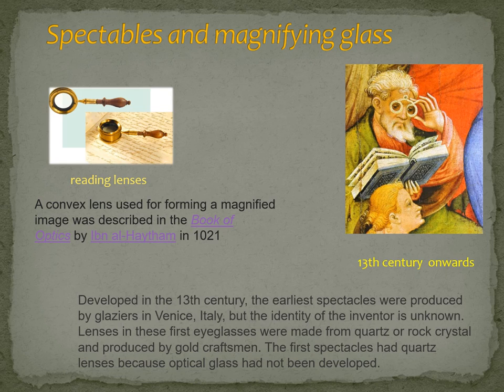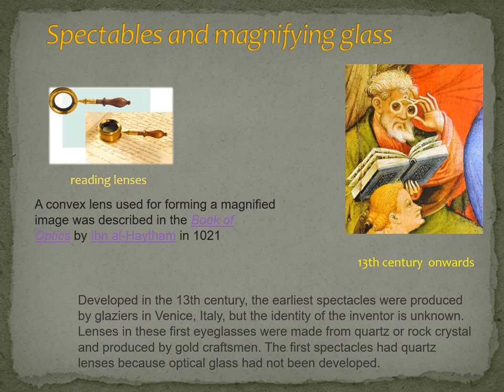Reading lenses have been used ever since man knows glass, but the first person to actually describe how to make a convex lens and use it to build a reading lens was Ibn al-Haytham in 1021, an Arab, in the Book of Optics, the first book really dedicated to optics, which influenced enormously the construction of good lenses to be used as reading lenses.